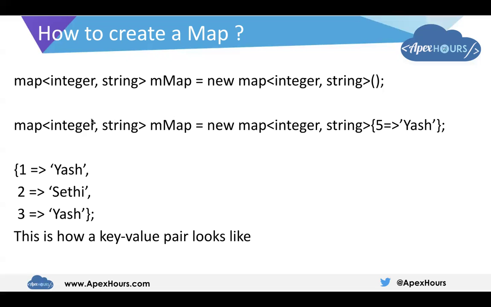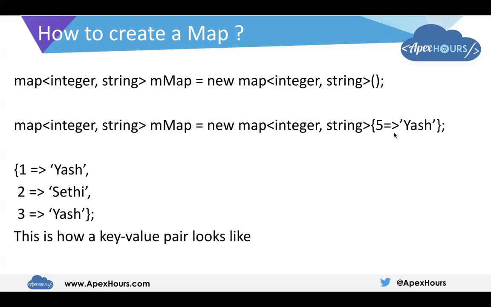Now, what if I want to enter some values into the map while creating the map? Then map of integer comma string mmap equals to new map of integer comma string. Here, instead of these small brackets, we will use these curly brackets and then the number, because the first data type is integer, 5, then equal to, and then arrow sign.